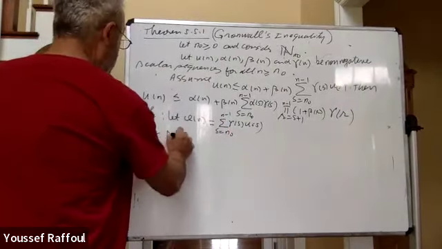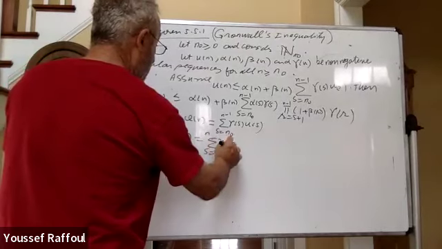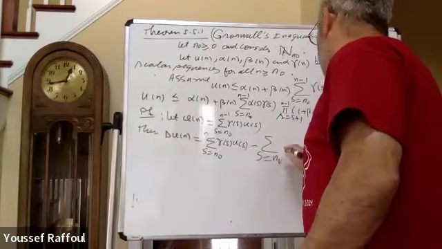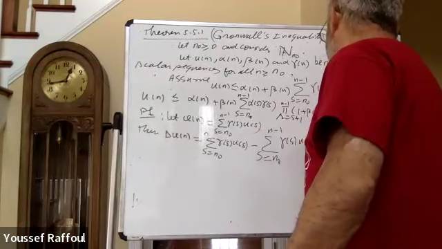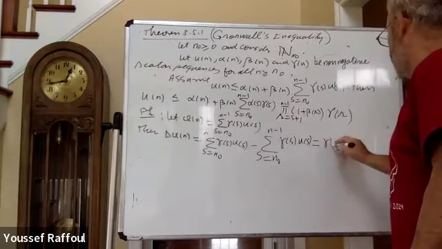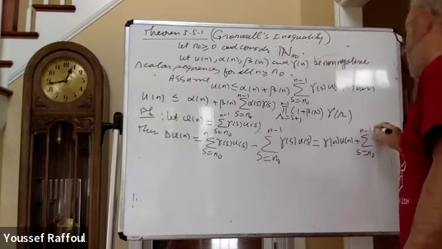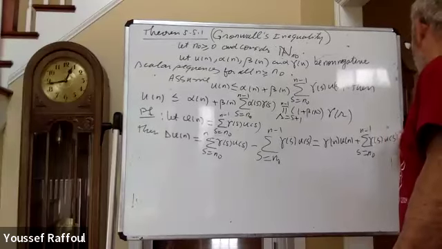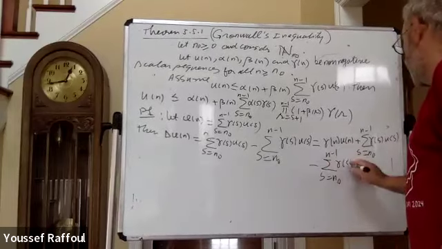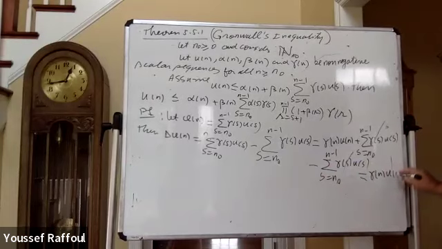Then delta phi n is the sum for s equal n naught to n of gamma s us minus the sum for s equal n naught to n minus 1 of gamma s us, and that is evaluated at n: gamma n un plus the sum from n naught to n minus 1 of gamma s us minus the sum from n naught to n minus 1 of gamma s us. These cancel, so this is gamma n un.